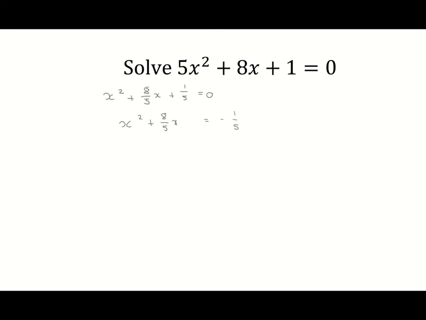Now I'm going to add half of the coefficient of x to each side. So half of 8 over 5 is 4 over 5. So I'm going to add that squared to each side, which is the same as adding it on and taking it off at the same time.